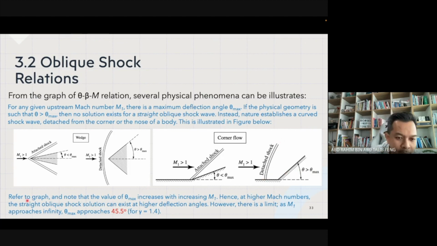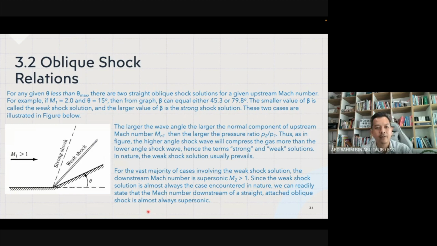Referring to the graph, note that the value of theta max increases with increasing Mach number. So at a higher Mach number, the straight oblique shock solution can exist at higher deflection angles. However, there is a limit: as Mach number approaches infinity, theta max approaches 45.5 degrees for gamma equal to 1.4.